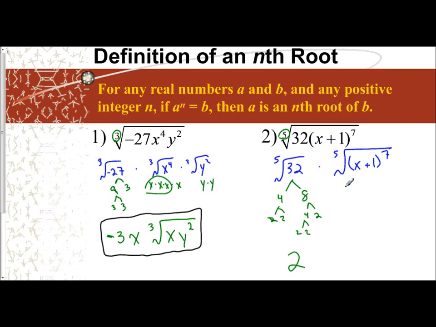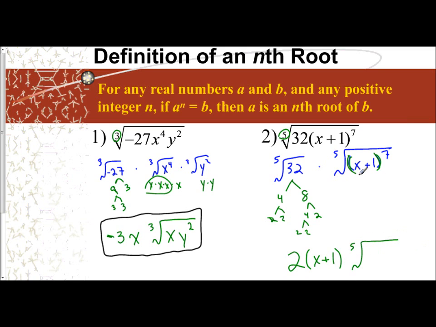And if we take a look at this, let's try the shortcut. It doesn't matter that we have a plus sign here because the parentheses is being raised to the 7th power. So I want 5 of these parentheses. Well, how many times does 5 go into 7? It goes in there 1 time. What remains?